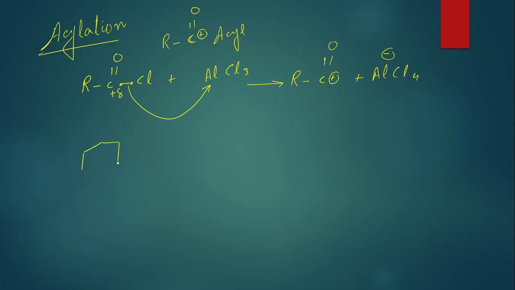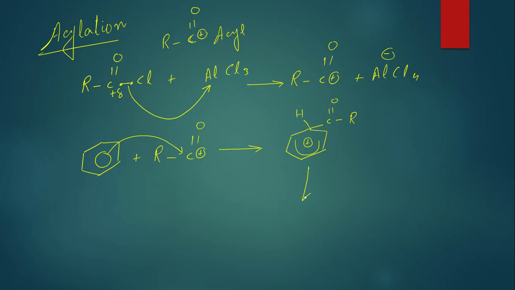We react benzene with the acyl group. There is a positive charge here, so benzene will attack this carbon because it is electron deficient, and we get this positive charge, the carbon double bond oxygen, our R group, and this hydrogen.